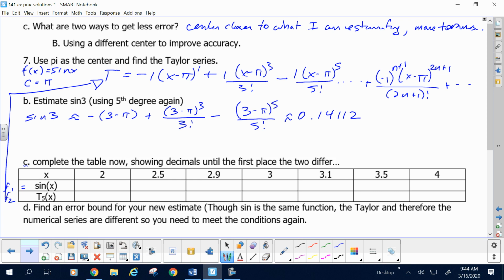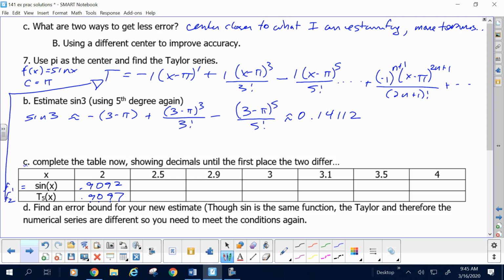I just lost my microphone. So I again calculated both at these values and compared and went out until I found a different place. So for example, these were the same until the tens, hundreds, thousands, 10,000s.